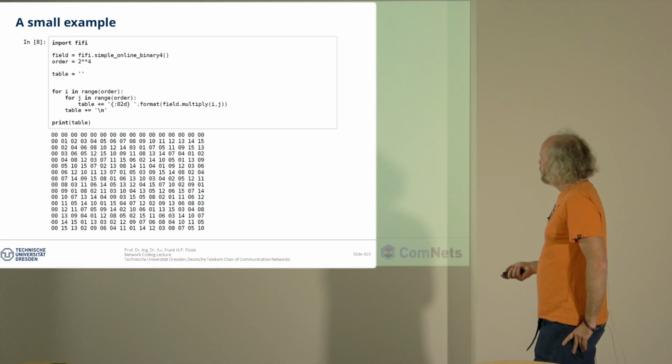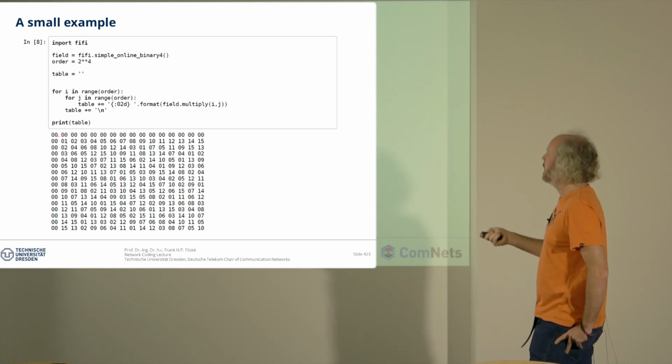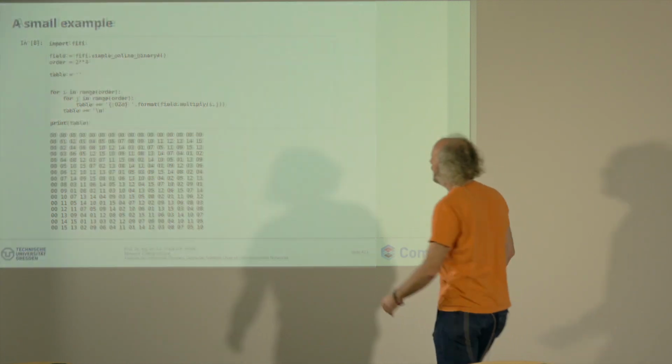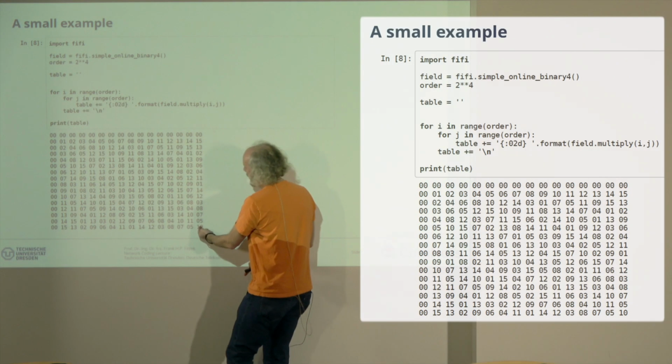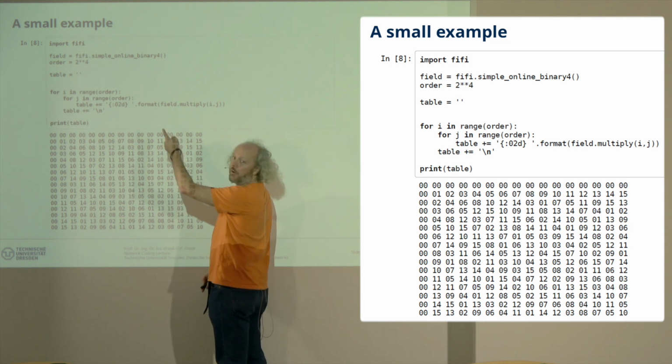What you see here, you don't have I and 1 printed here, but you can imagine this goes from 0 to 15, and then you multiply that. When you look at the elements, as I said before, all the elements in this matrix are smaller than the order.